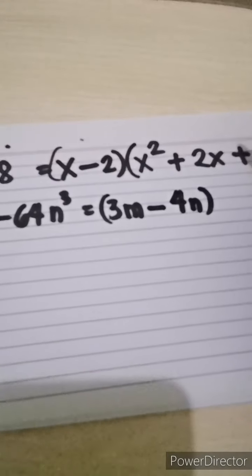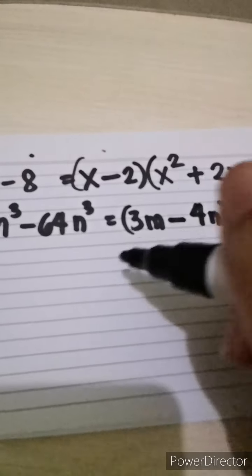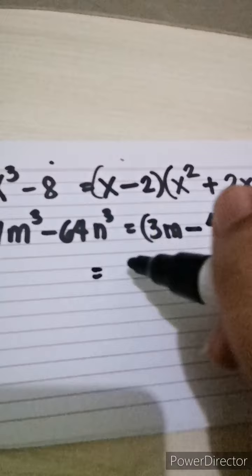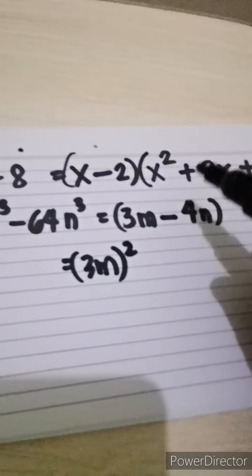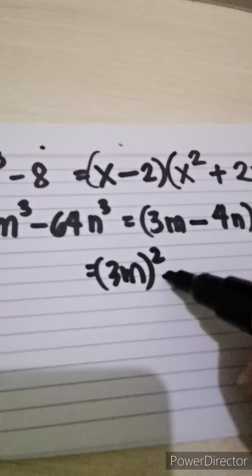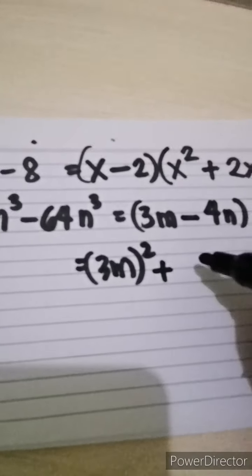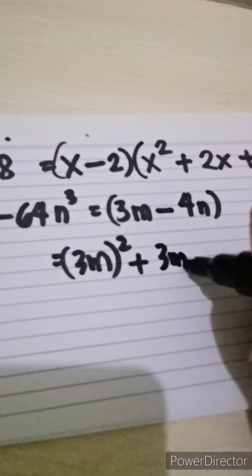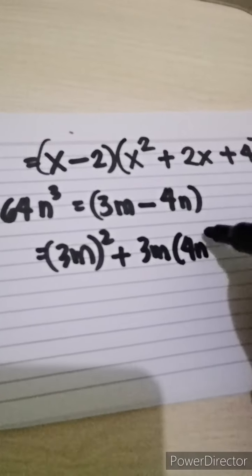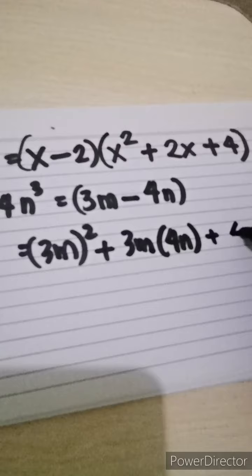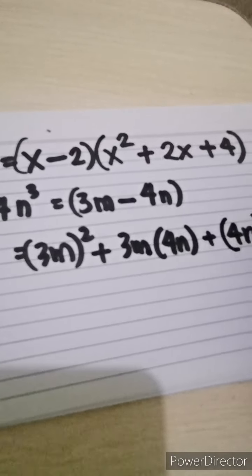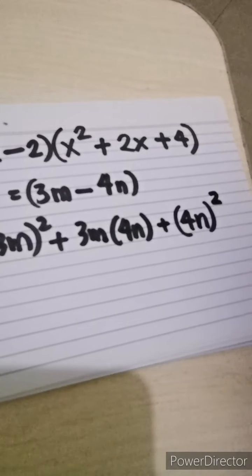And for our trinomial, kuhanin natin, squared natin yung 3m squared. Then, kung siya ay minus, gawin natin siyang plus. Then, 3m times 4n. I-multiply natin yung dalawa. And for the last, we have to get the square of the last term.